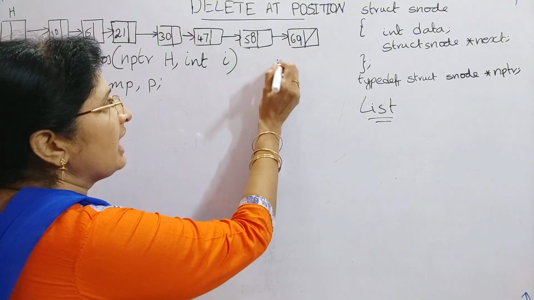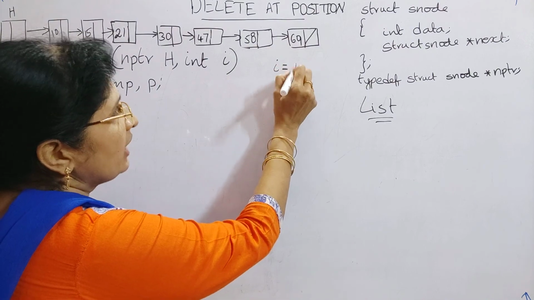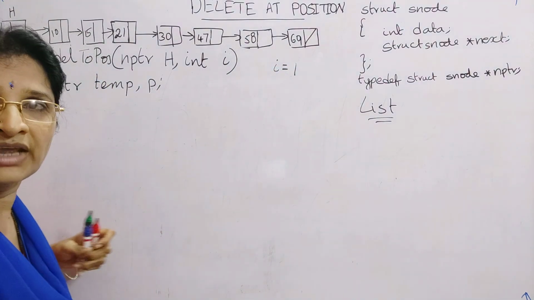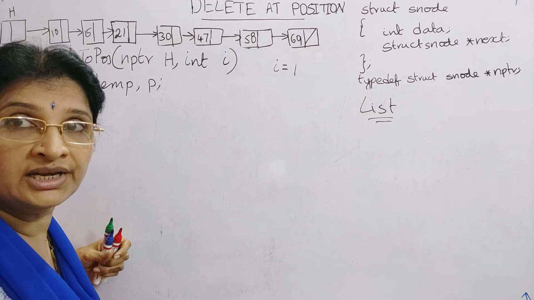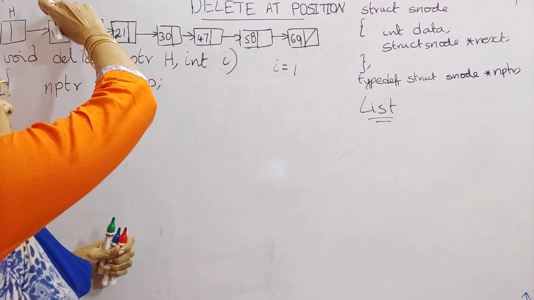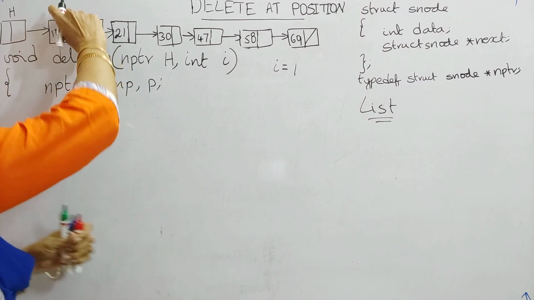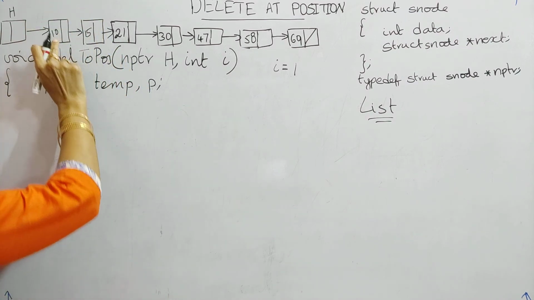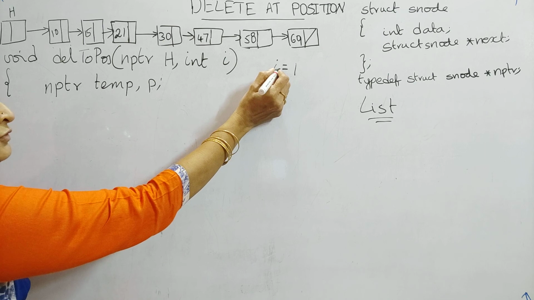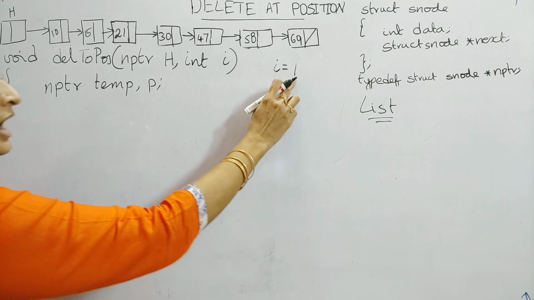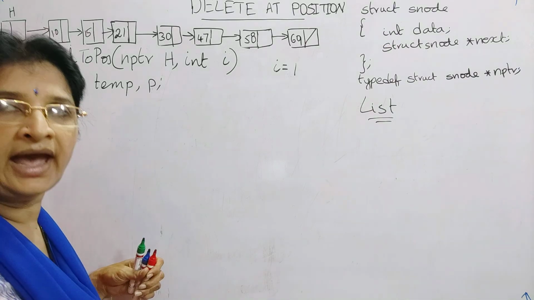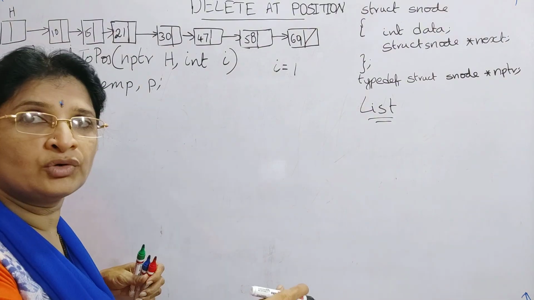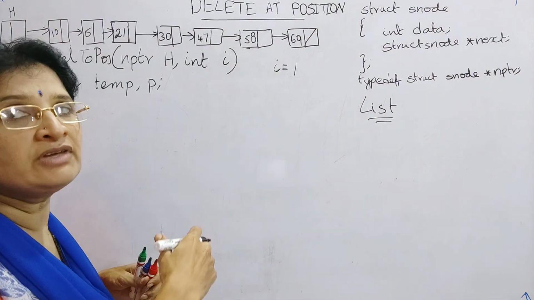Suppose the I value is 1. I value is 1 means what? I have to delete a node at the position 1. That is the first node. So that means whenever you want to delete a node, you should move the pointer such that you have that particular node address and also the previous node address.